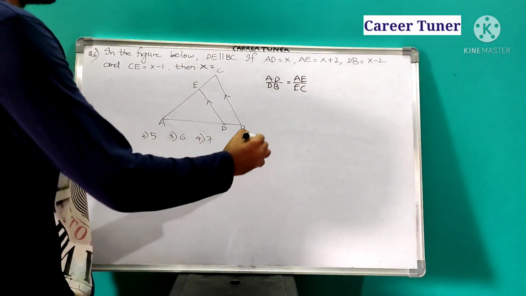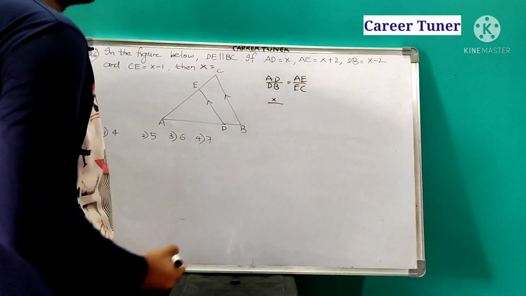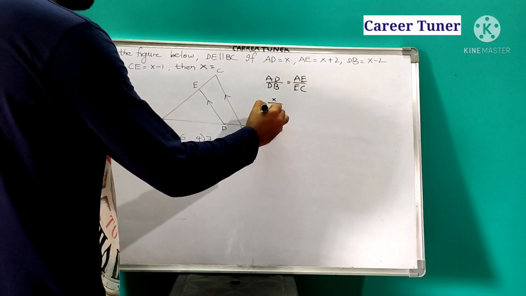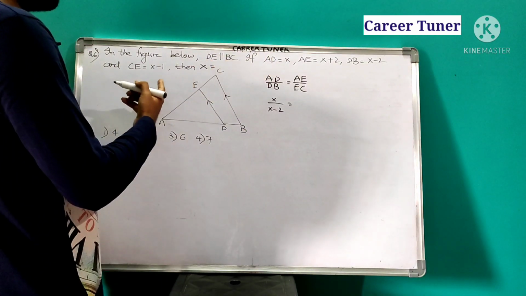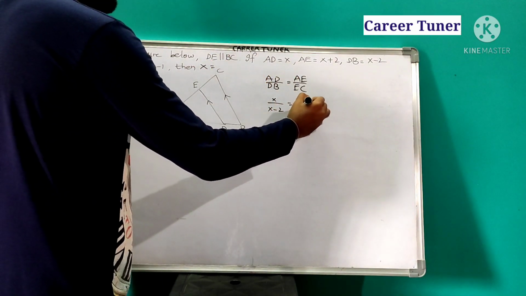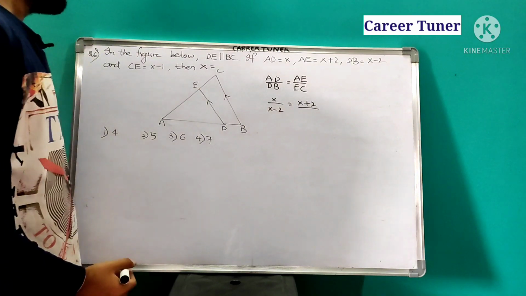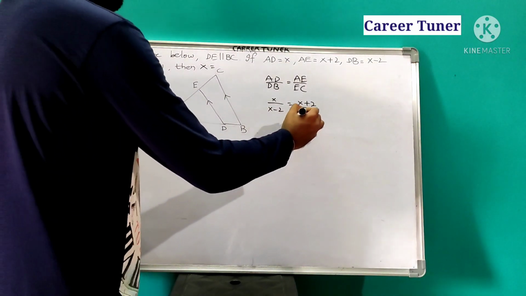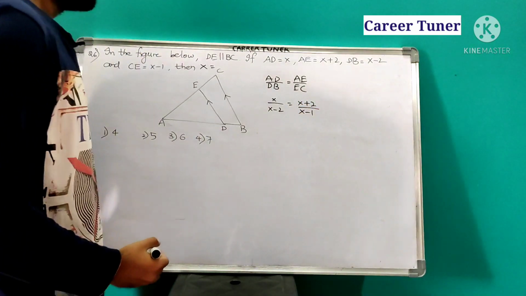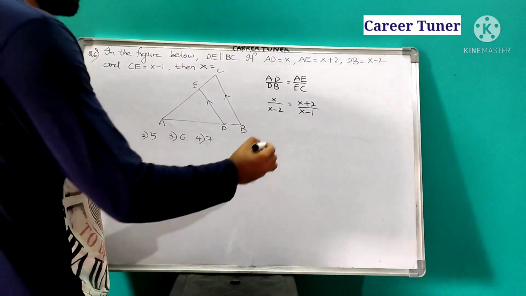So what is AD? AD is nothing but x, by DB, x minus 2, which is equal to AE. What is AE given? AE is given as x plus 2 divided by EC or CE is given as how much? x minus 1. Now let us cross multiply.